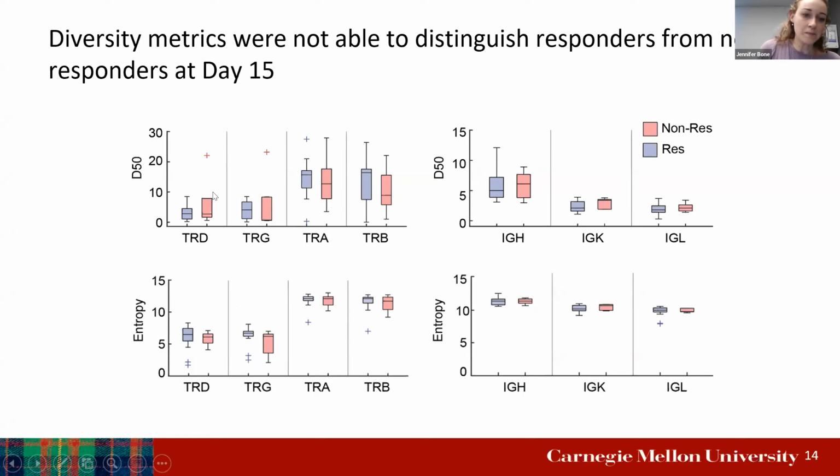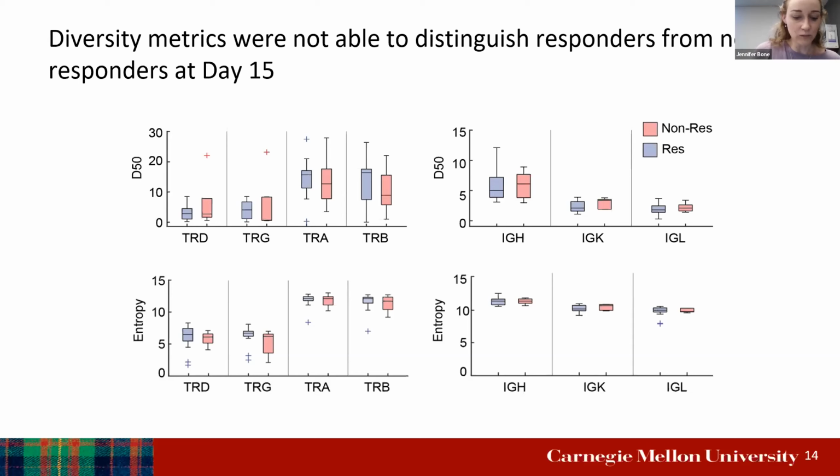Even if we were to have some significance values here, which we did see for maybe some day -14 data points, it's really difficult to classify data that is not separable. If there's any overlap between these red and blue responders and non-responders, our classifier gets confused.